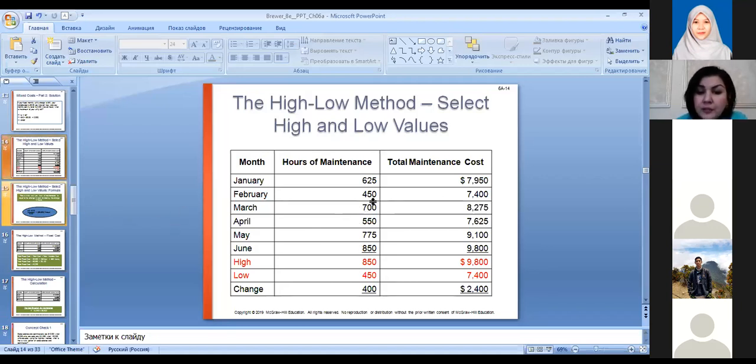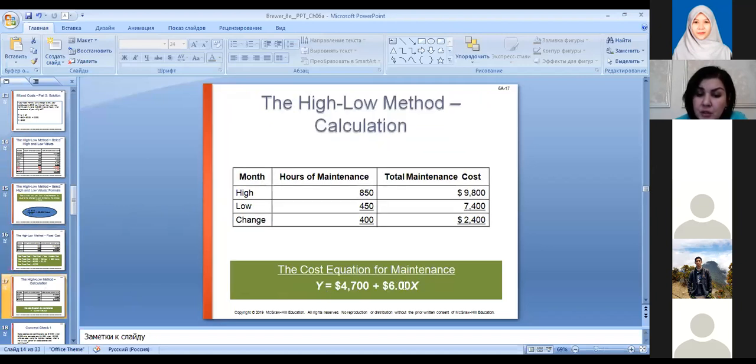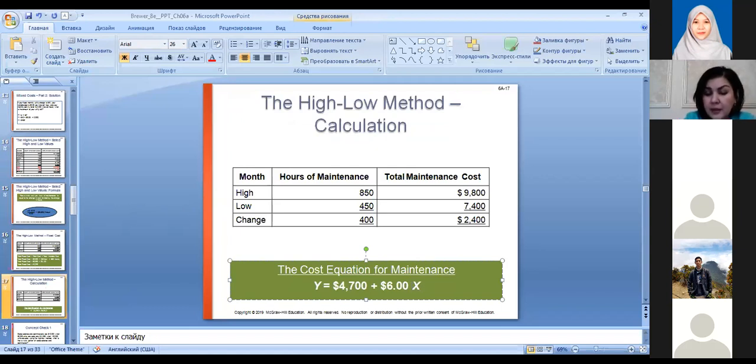We don't have 600 hours here, but if we know this equation, we can simply replace x with 600 hours and very easily calculate the total cost.